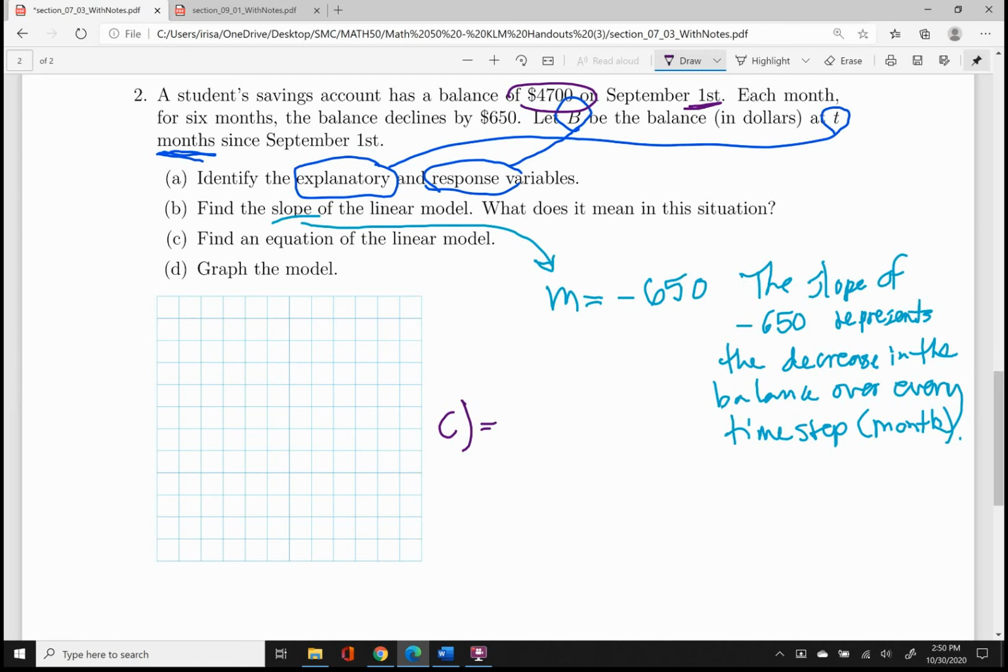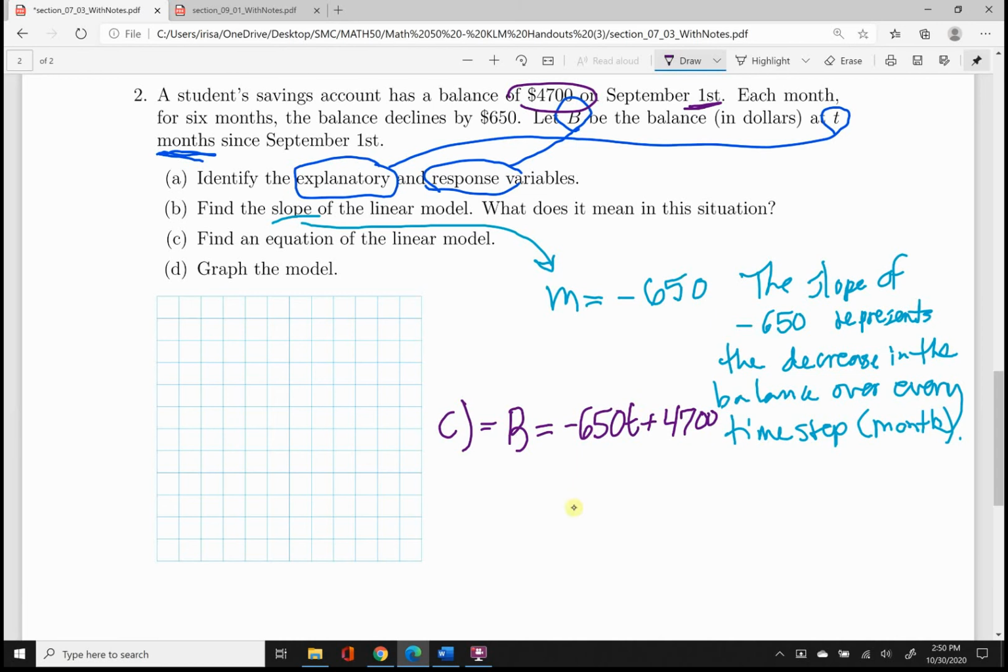Instead of x and y, though, we have t and b. Furthermore, m is negative 650 and b is 4,700. So let's put all that information together and say b equals negative 650 t plus 4,700. And we're going to use this to graph the model.